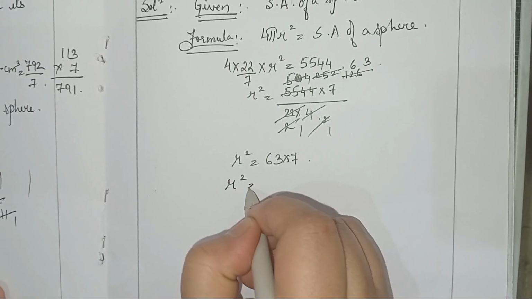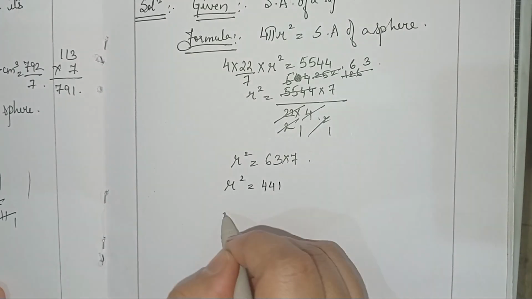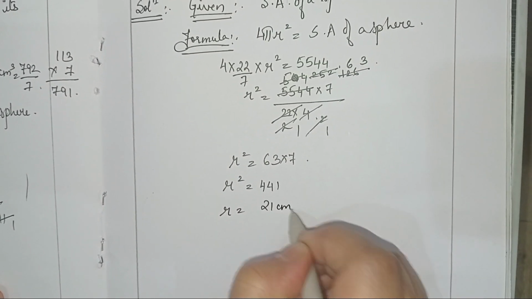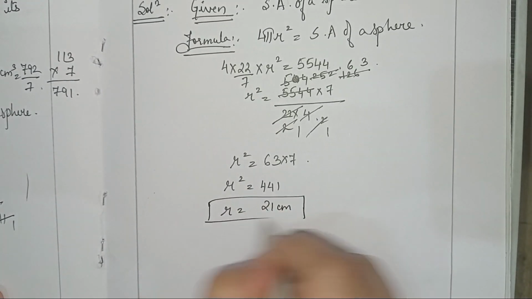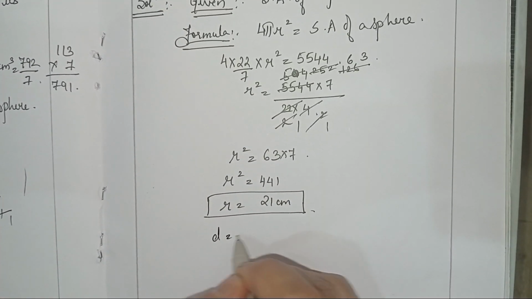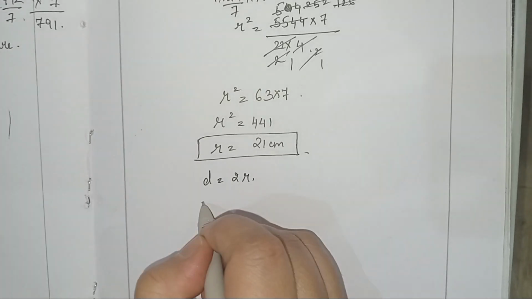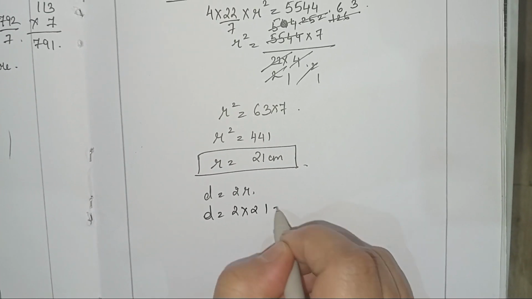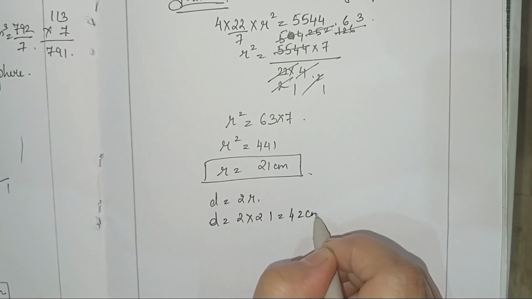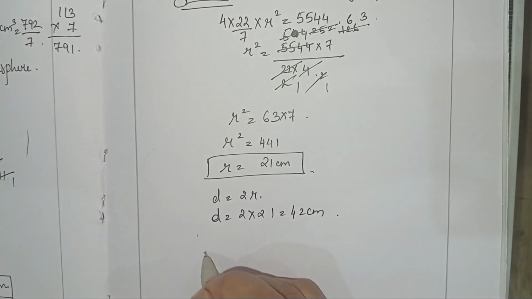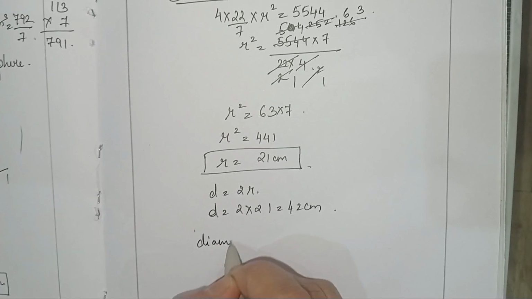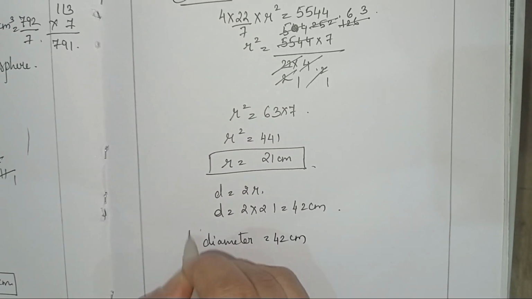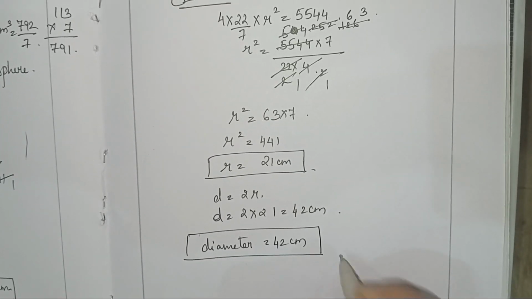R square is equal to 441. R is equal to 21 centimeter. We've calculated the radius. Diameter is twice of radius. Diameter is equal to 2 into 21 is equal to 42 centimeters. So the diameter is 42 centimeters. This is our answer.